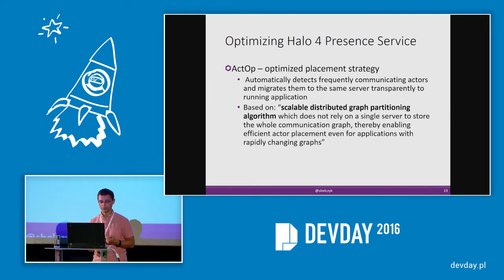And to do so, they created a scalable, distributed graph partitioning algorithm, which is quite interesting because it's not relying on one server to know the entire communication graph, and yet it allows the runtime to efficiently migrate actors and optimize the communication.